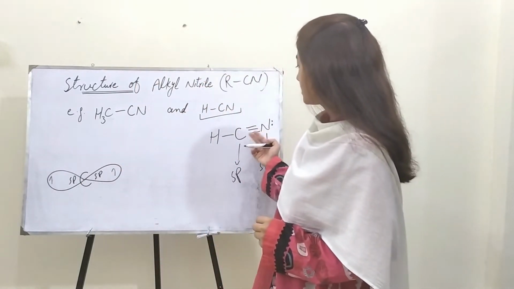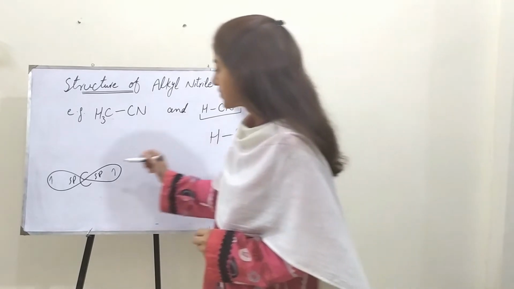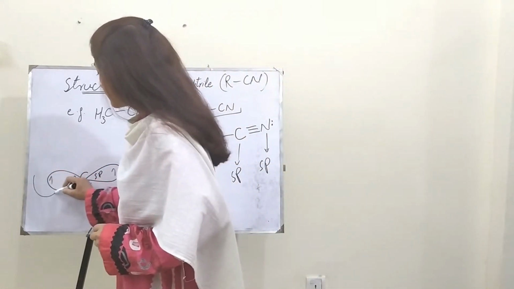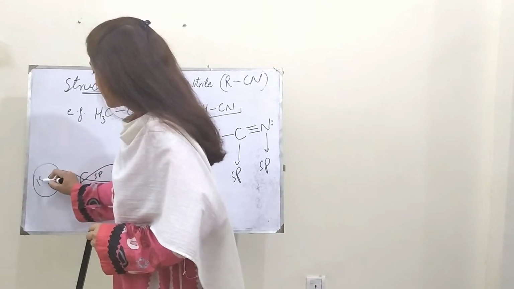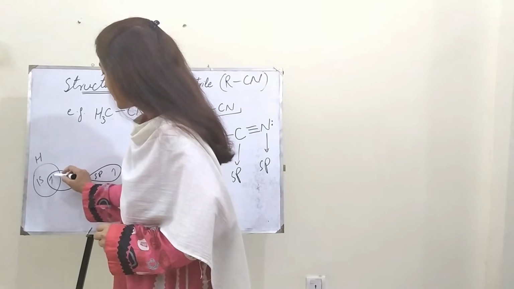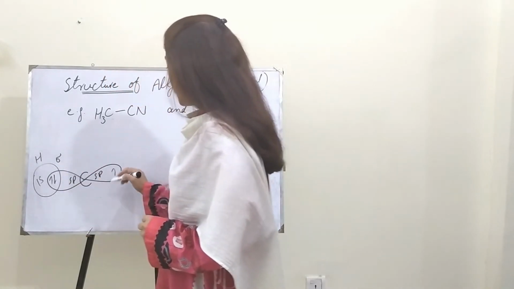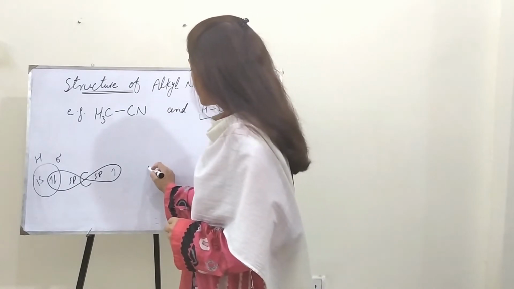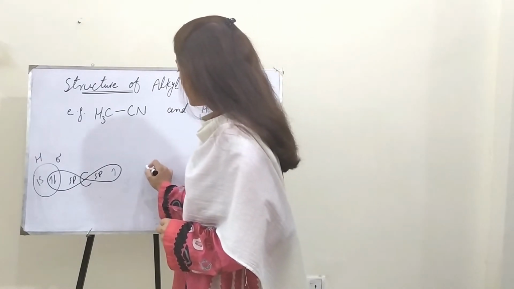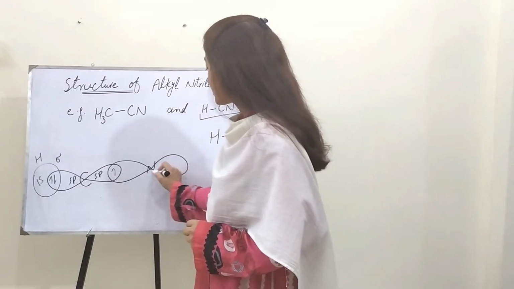Then in the case of carbon, it is further attached with one hydrogen. This sp hybrid orbital is overlapped with the 1s orbital of the hydrogen atom, forming a sigma bond, and this sp hybrid orbital would be overlapped with the sp hybrid orbital of the nitrogen atom.